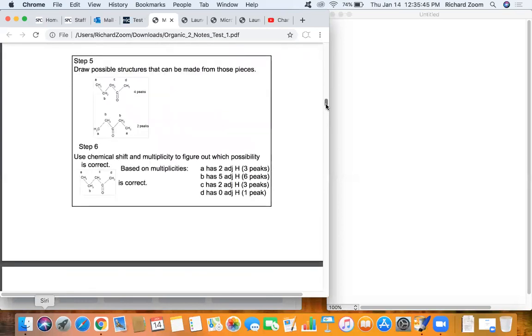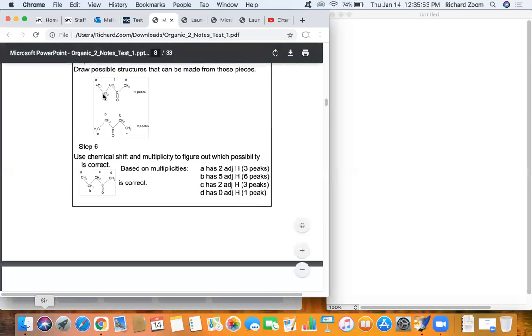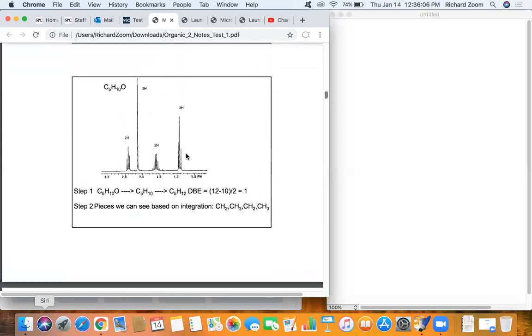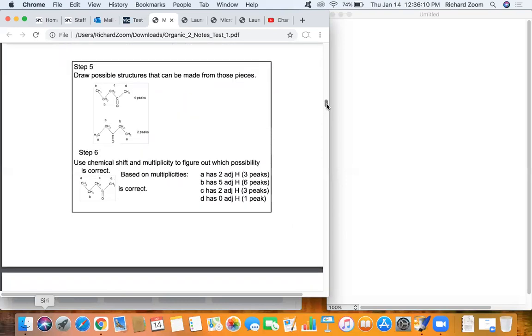When we put this together, there's really only two possible ways we can do that. We can put them together so that it goes CH3, CH2, CH2, C double bond O, and the CH3, or we can put C double bond O in the middle. But we can already tell based on this spectrum that we have 4 peaks, which means there's 4 different kinds of hydrogens.